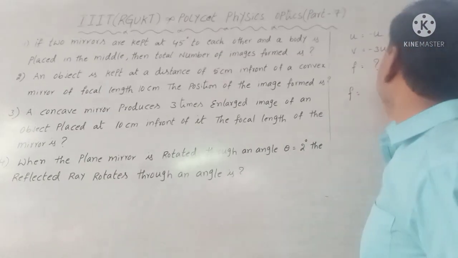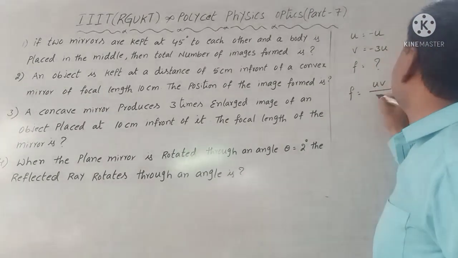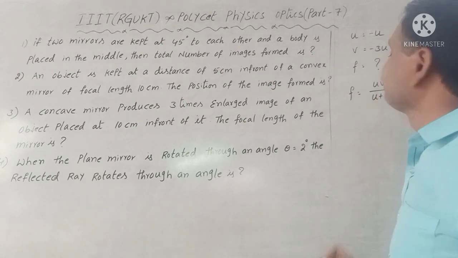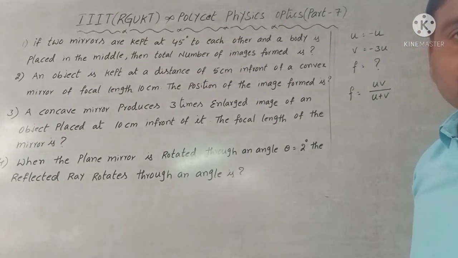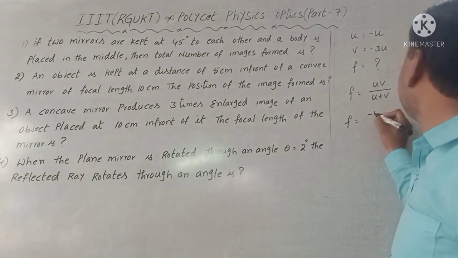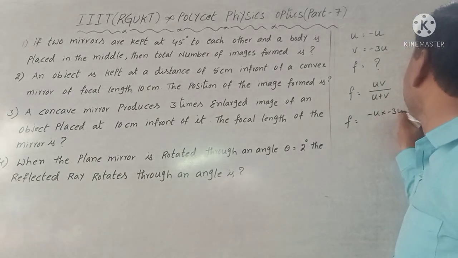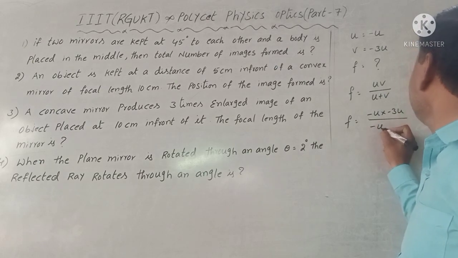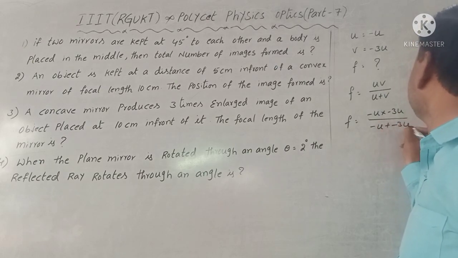F is equal to UV by U plus V. Then UV means minus U into minus 3U, by minus U plus minus 3U.